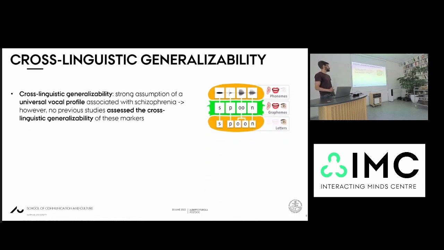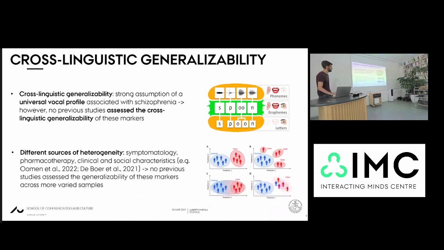The cross-linguistic generalizability of previous results had not been assessed, so there were no cross-linguistic studies. There was this assumption that we should expect a universal vocal and language profile associated with schizophrenia, because schizophrenia has similar underlying biological mechanisms, but we know that speech and language map into the specific language spoken by patients. So this was one of the problems we found in the meta-analysis, and the other was the heterogeneity.